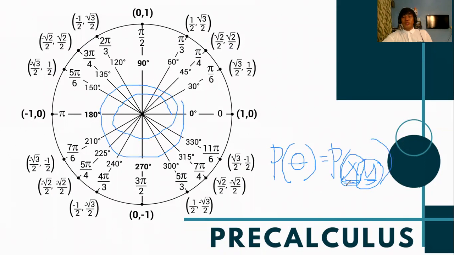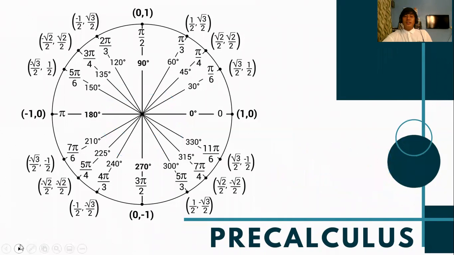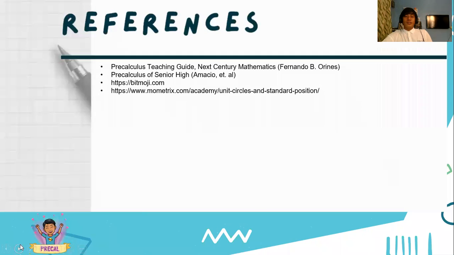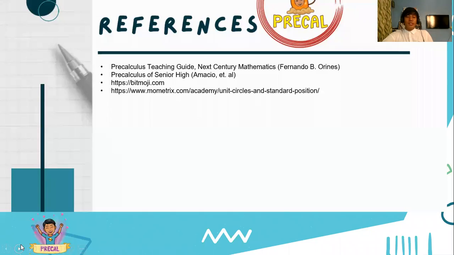Of course, it will also involve the tangent function because we simply divide y by x. So that will be the end of my discussion for the circular functions and the unit circle. Here are the references used in this presentation.